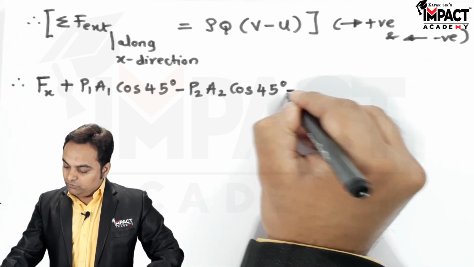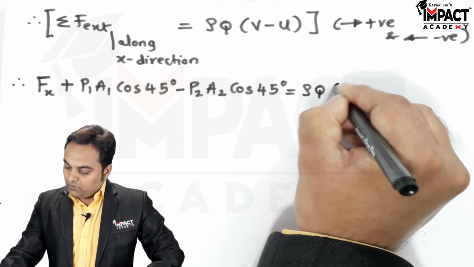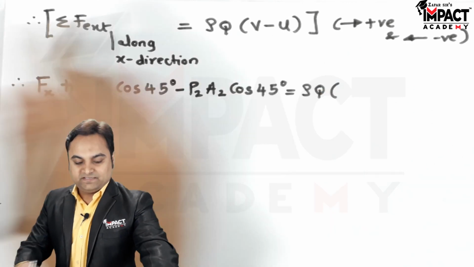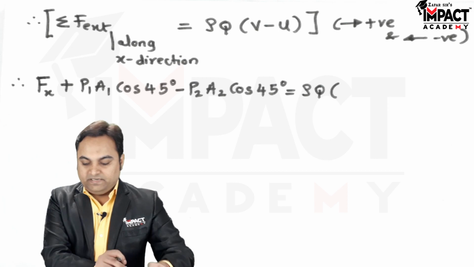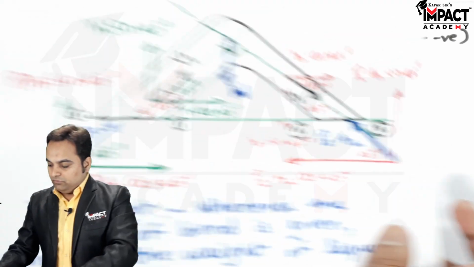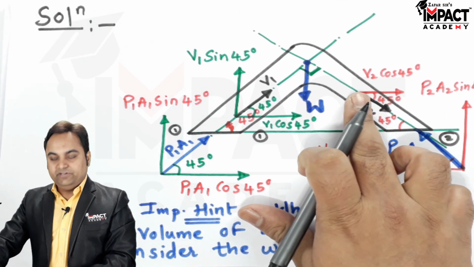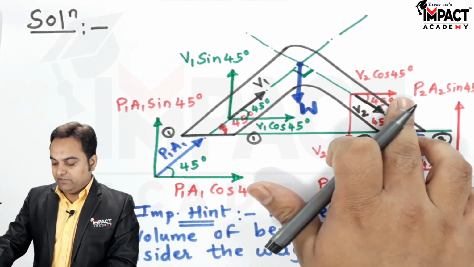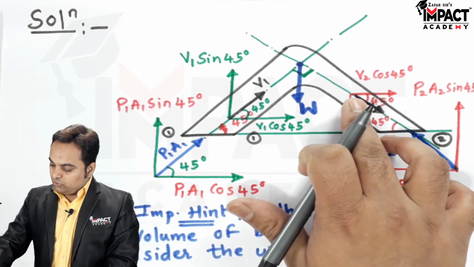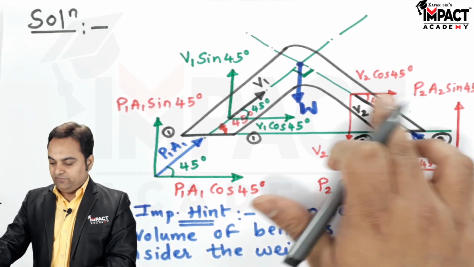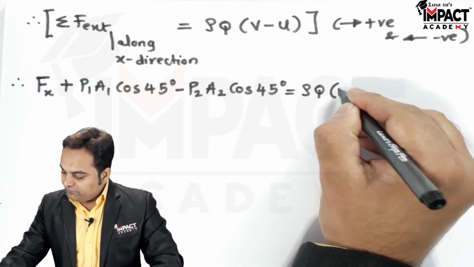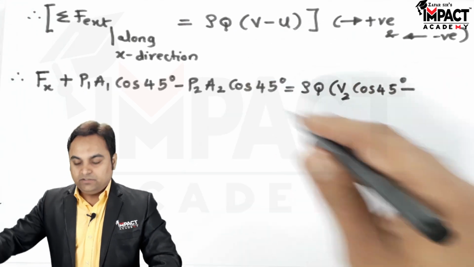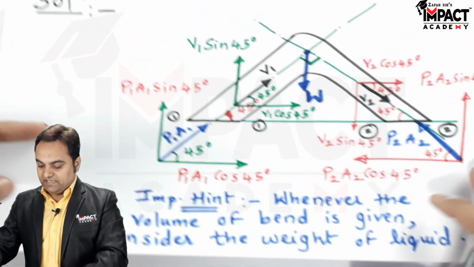So it is equal to rho q. V is the final velocity, and final velocity along x direction, that has been resolved. So final velocity is v2, and it is the component v2 cos 45, because we are considering horizontal direction. So it is acting towards right, so positive, so that is v2 cos 45 degree minus initial velocity along x direction.